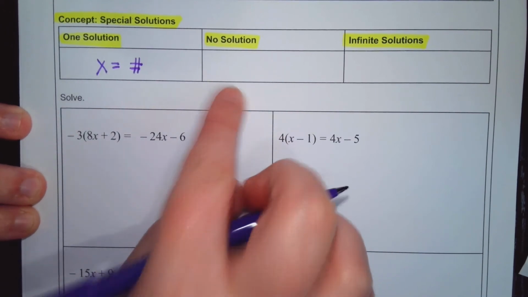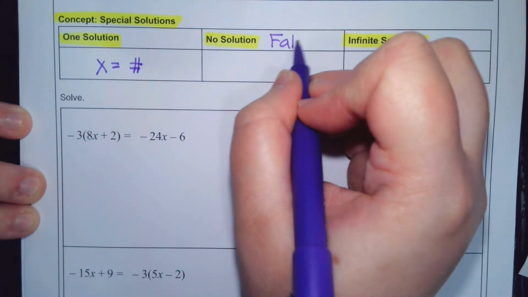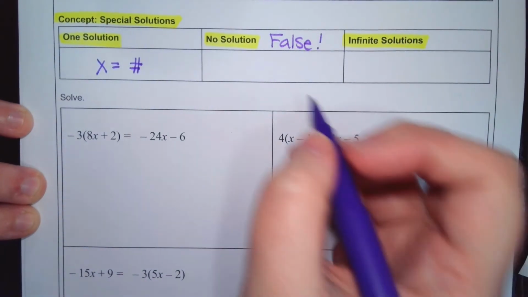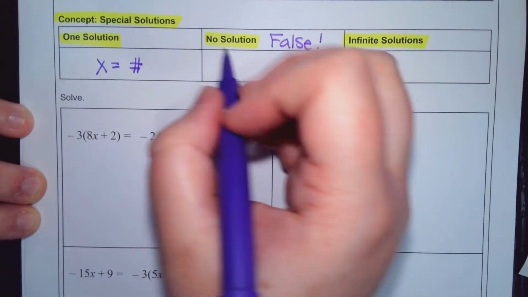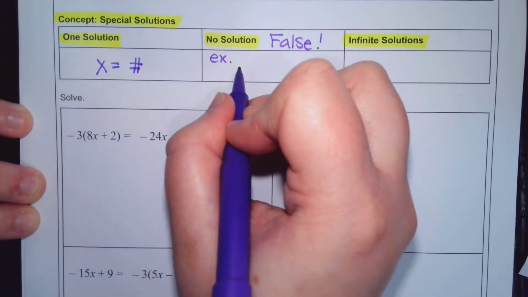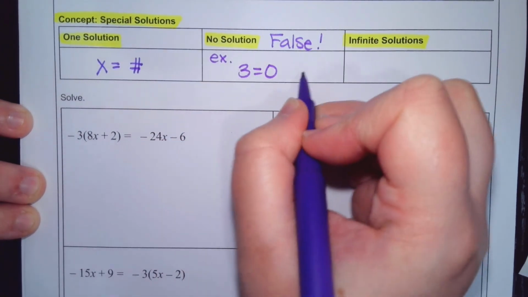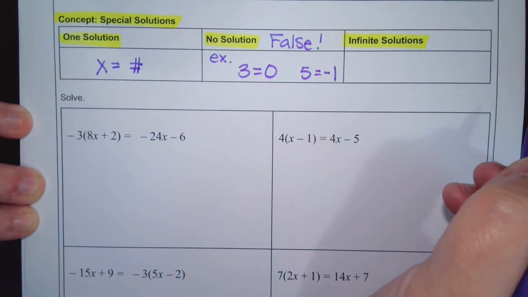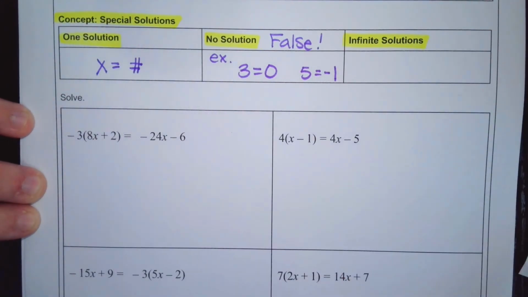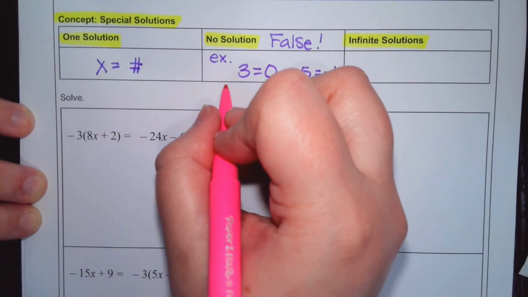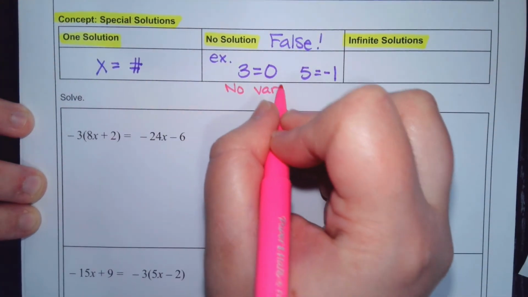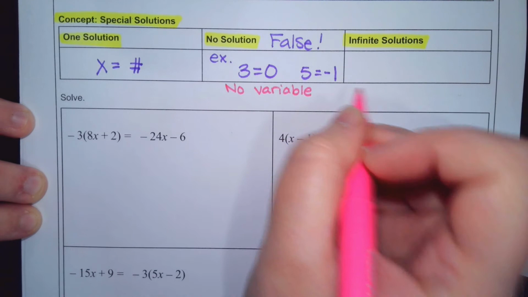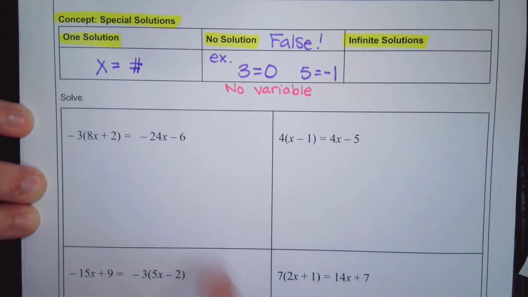No solution, which is going to be a false statement, such as 3 is equal to 0, or 5 is equal to negative 1. If you notice, there's no variable. So you will have variables that cancel out if that's the case.